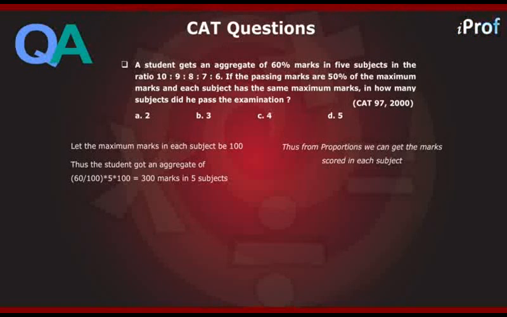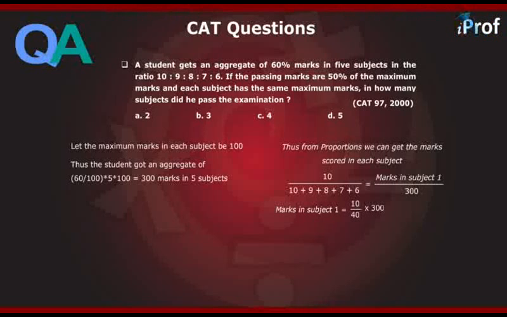For marks in subject 1, we get 10 divided by 10 plus 9 plus 8 plus 7 plus 6 equal to marks in subject 1 divided by 300, which is the total marks obtained. Hence, by solving we get marks in subject 1 equal to 10 divided by 40 into 300, which gives 75.